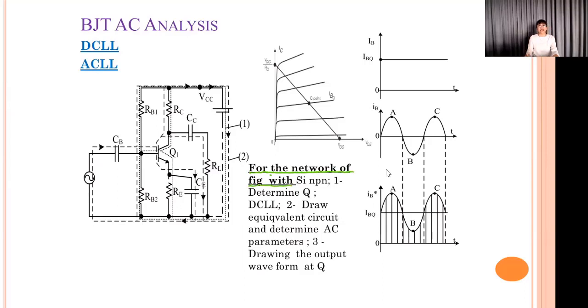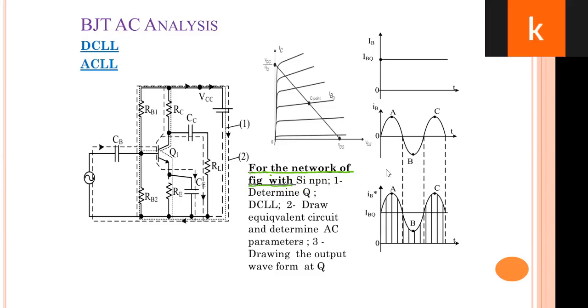We have 3 questions in the midterm test and in every test. This is the main part of our course, basic electronics: one exercise with 3 questions. The first question relates to DC bias: determine the Q point and DCLL, the DC load line.